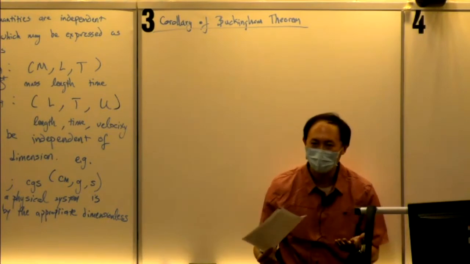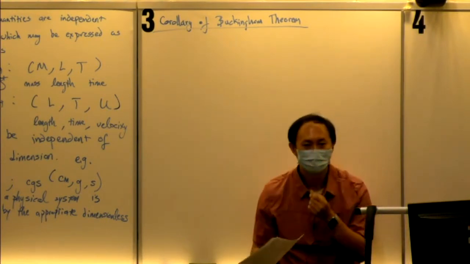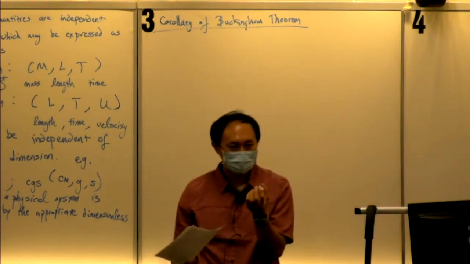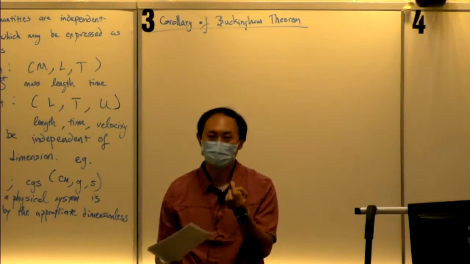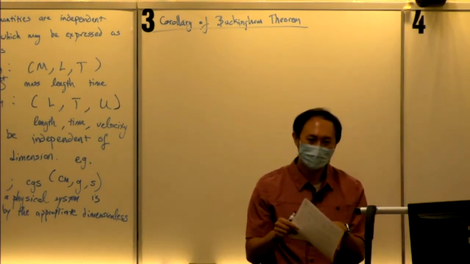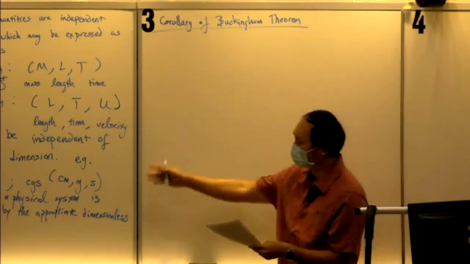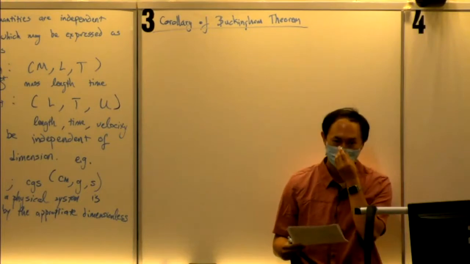Does anyone know why anyone wants to do that? Just to see lift. But why would anyone want to know the lift on this tiny little object? Yeah, it's because if you discover the physics on this object and you know the relationships between the dimensionless groups, you can calculate the drag on the bigger object.